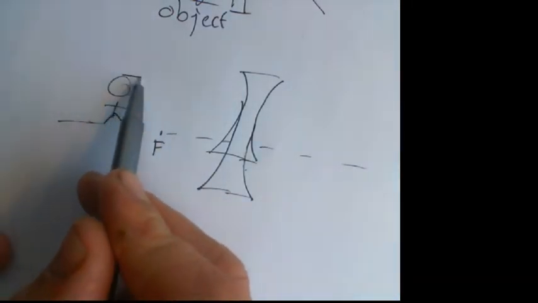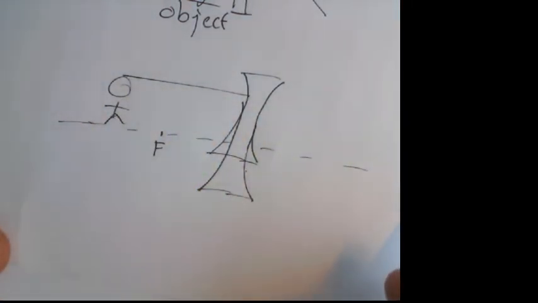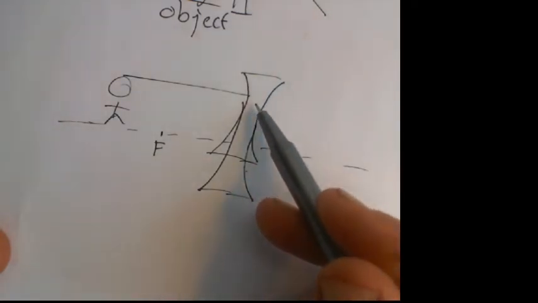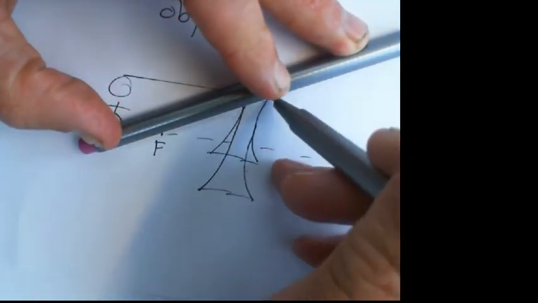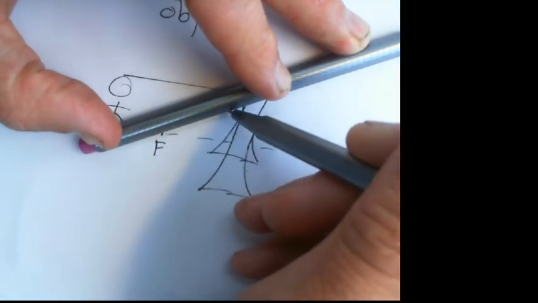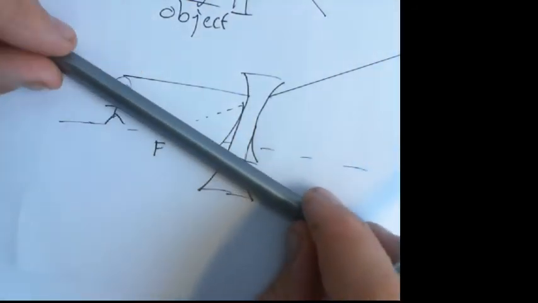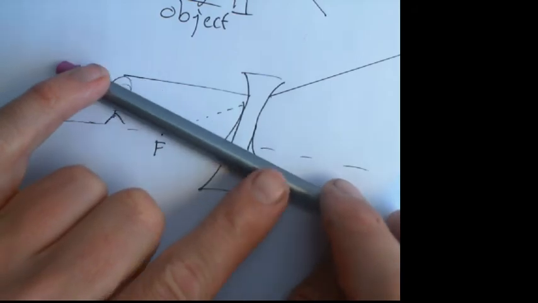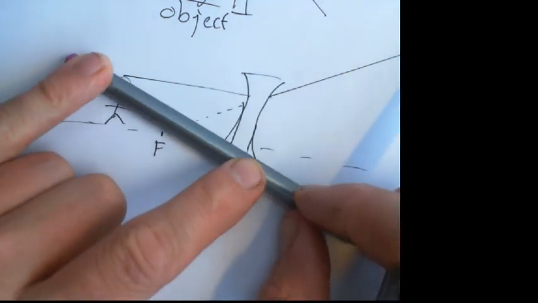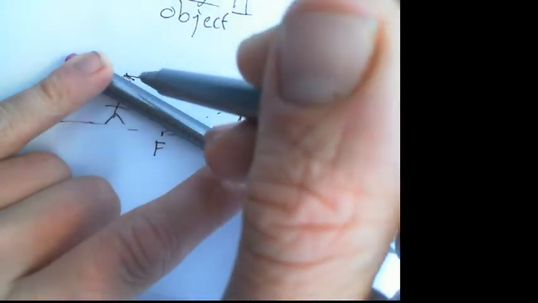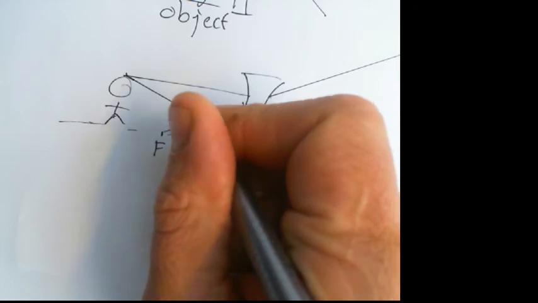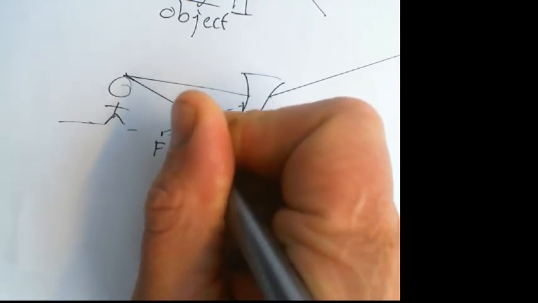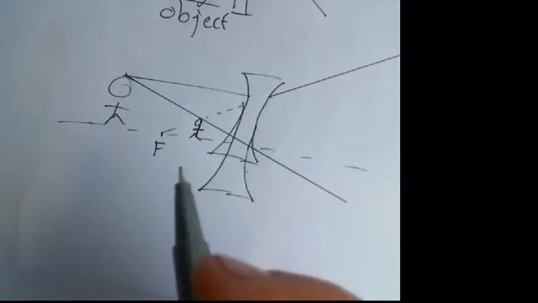Draw a line from the top into the lens. It will then get diverted, but we know that it should have gone through f, so we'll divert it, and then we'll draw it backwards like that, and we'll draw a line straight through the middle of the lens again. So where those two lines meet will give you the image here, and that would be virtual.